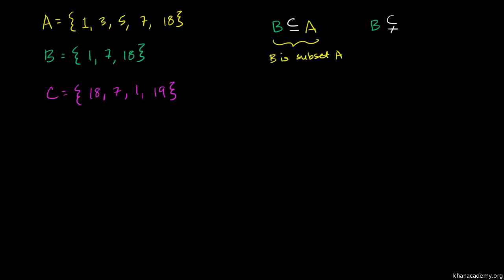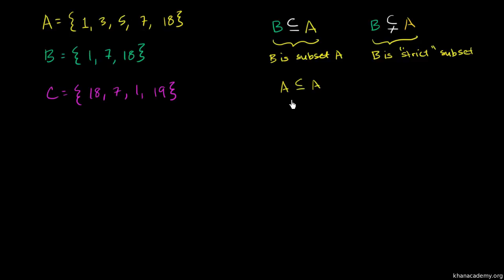So this means a strict subset, which means everything that is in B is a member of A, but everything that's in A is not a member of B. So this is B is a strict or proper subset.